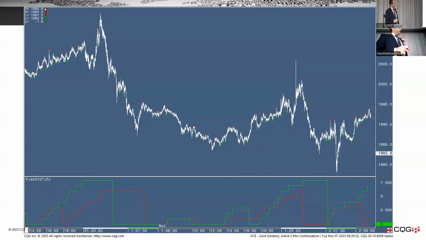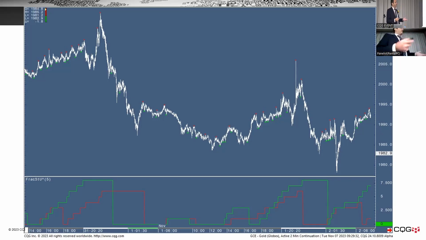So that's just an example of what we can do with trend following, where we're looking at what we call fractals, which are simply reversal points. And we're looking at successive higher fractals and successive lower fractals, just to try and define a trend.